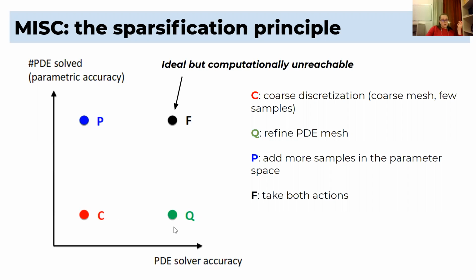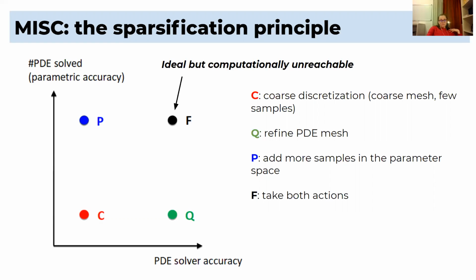So we refine the mesh in space, but we still sample on few points. The blue dot instead has a higher number of samples, but we sample the low fidelity model. And the black would be our ideal, so the ideal discretization, which corresponds to many samples and a high fidelity.